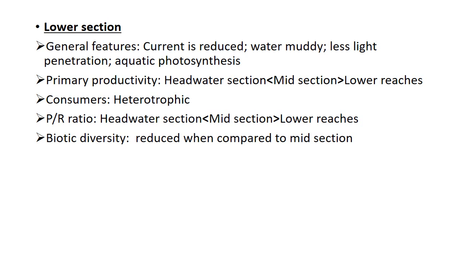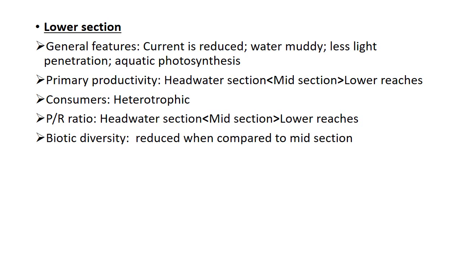In the lower section, the speed of the current is quite reduced and the particle size is quite small, due to which water becomes more muddy and light penetration is a bit less, though aquatic photosynthesis occurs. However, the form of life is mostly heterotrophic. Primary productivity in the headwater section is less than that of the mid section, which is greater than that of the lower section. Consumers are generally heterotrophic.